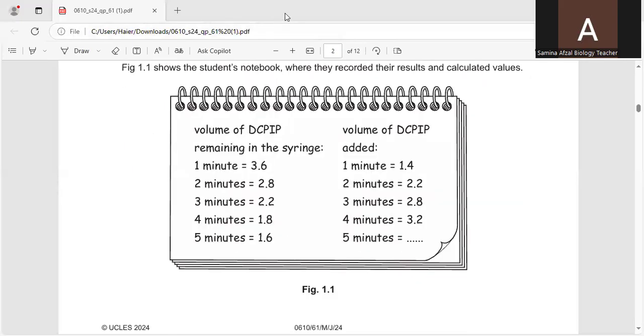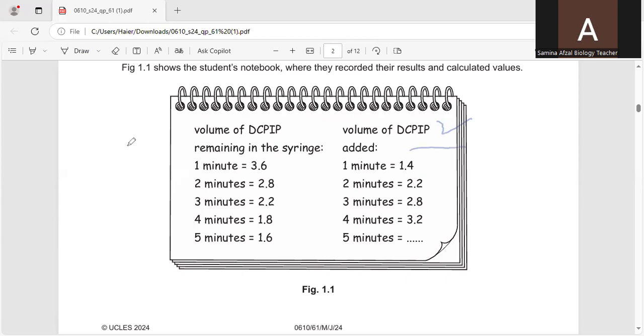Now at the end, figure 1.1 shows the volume of DCPIP remaining in the syringe and the volume of DCPIP added into the sample.